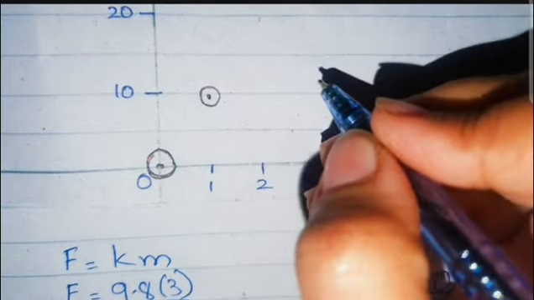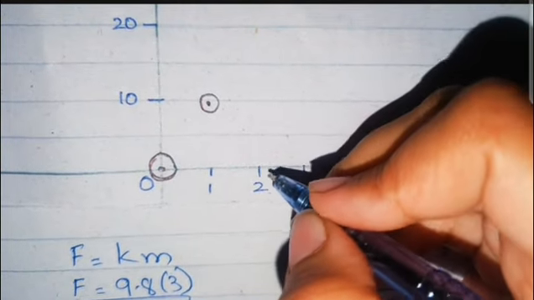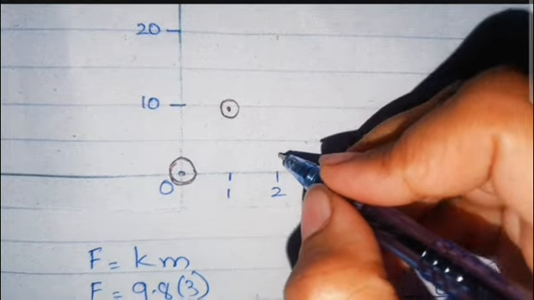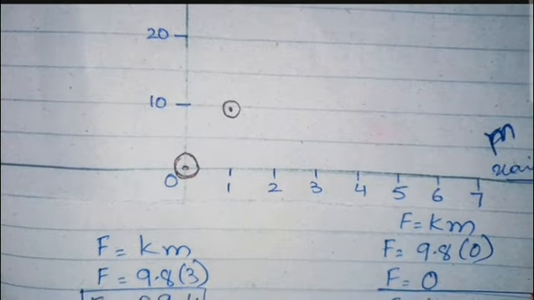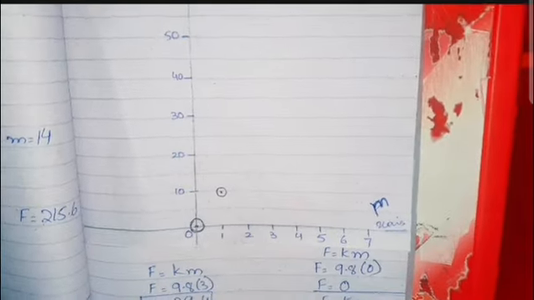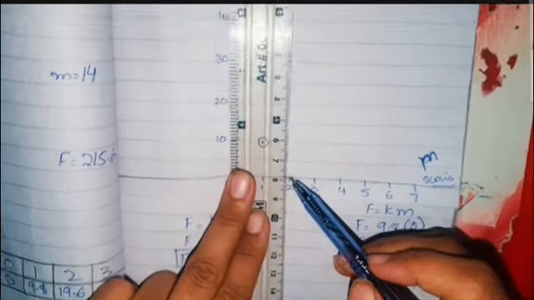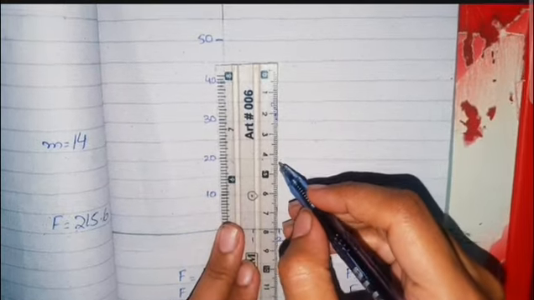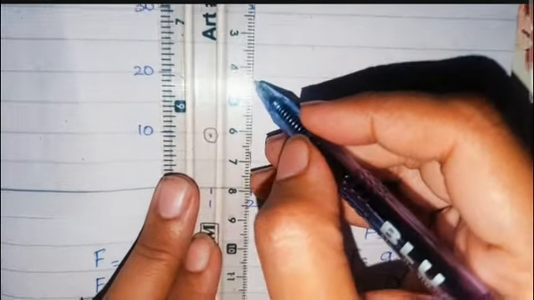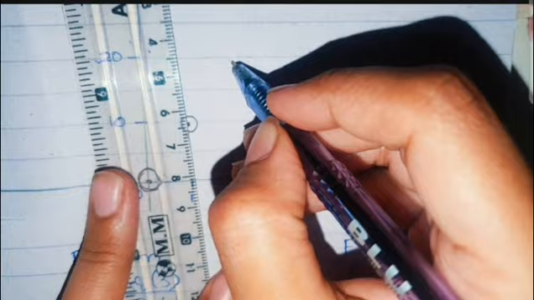This is 9.8. Now on line m the value is 2, so we'll take 19.6 for line F. So here, a little bit below 20, it's 19.6.